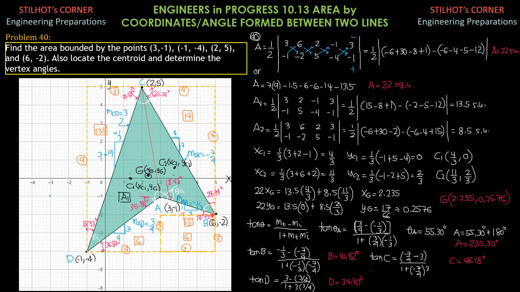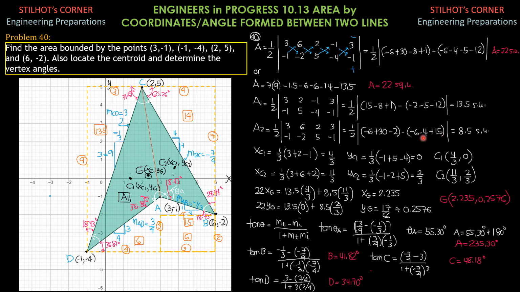Then area 2, this area here, beginning with 3 comma negative 1. So next is 6 comma negative 2, then 2 comma 5. Then back to the starting point 3 comma negative 1. So area is 1/2 of quantity 3 times negative 2, so negative 6. 6 times 5, 30. 2 times negative 1, negative 2 minus quantity, negative 1 times 6, negative 6.